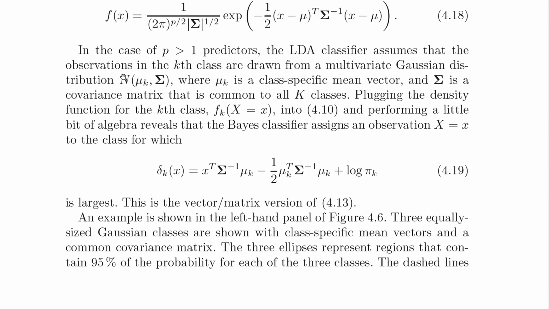So for each class, we're assuming a multivariate Gaussian distribution with mean mu k, that would be a vector, and covariance matrix uppercase sigma.